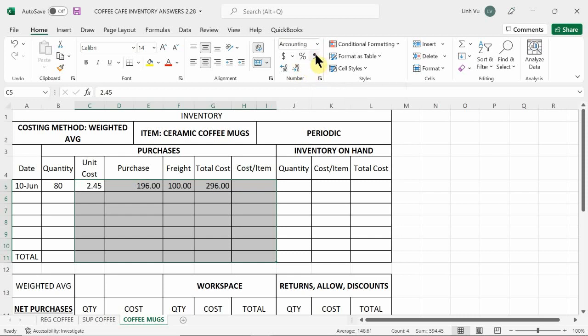cost per item. Because in this case, I'm already going to tell you this. You're definitely going to have more purchases of inventory, especially ceramic coffee mugs, from here on out. You're going to have a bunch of them. So in this case, you already know that this one batch of 80 is not the only batch. So that means I don't necessarily need to do a cost per item because at the end of the day, the costing method I'm using is weighted average.